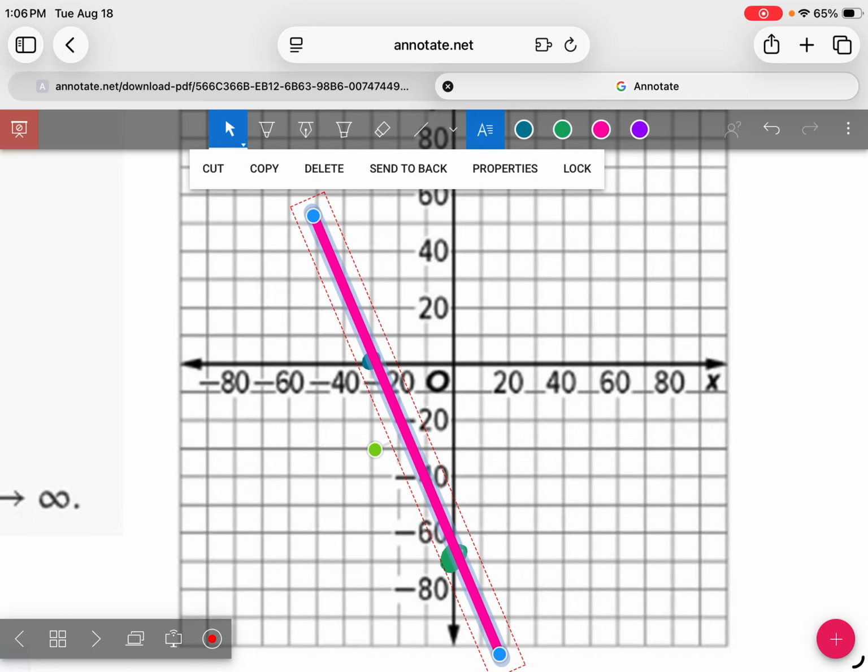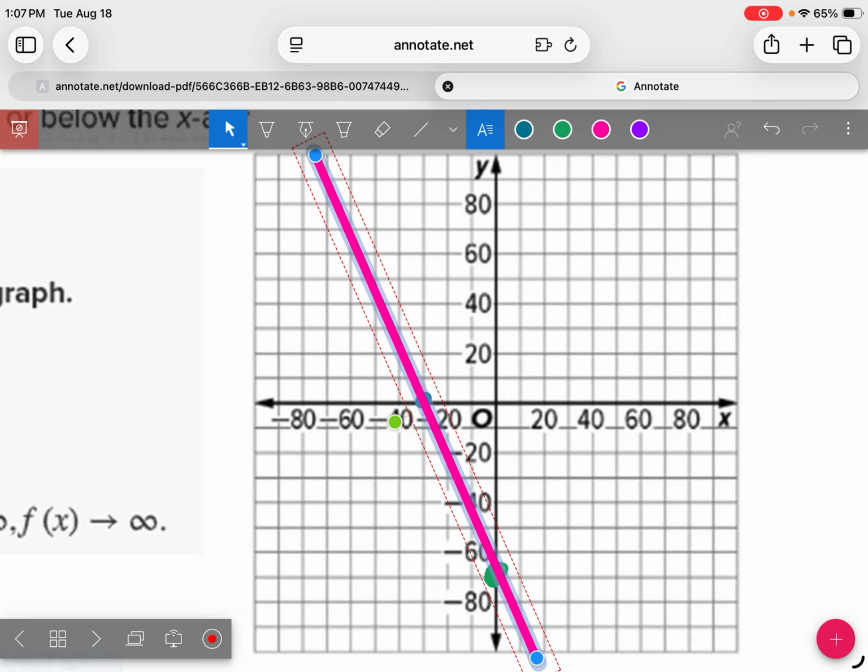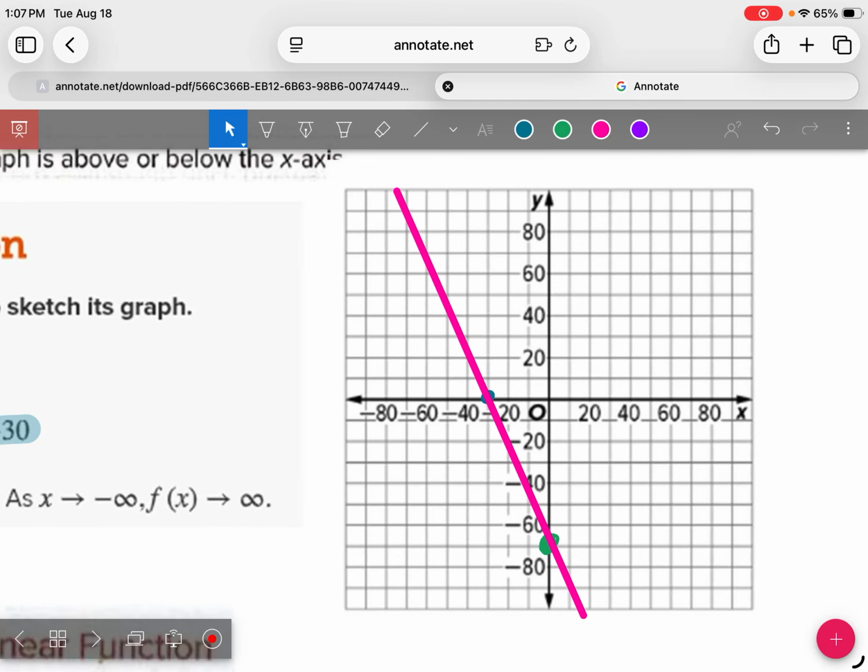You're going to connect them up with a line. Whenever we are drawing our graphs, I want you to go as far on the graph paper as you can. So don't draw me a little bitty graph that just goes from here to here. All the way to the edges of the graph paper.